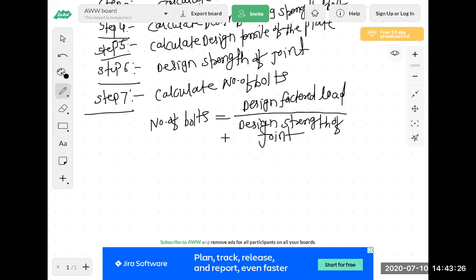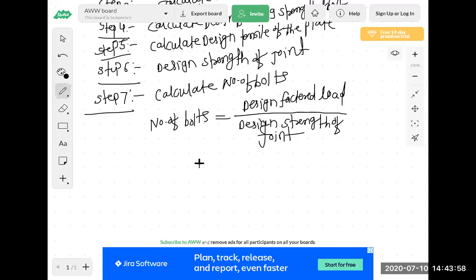For that load you have to calculate the number of bolts. तेवढा लोड कॅरी करण्यासाठी किती नंबर ऑफ बोल्ट्स बसवावे लागतील, that is nothing but the design. And load carrying capacity is, whatever existing joint is there, the bolts are already there, and how much load will be carried by this particular joint, that is the load carrying capacity.